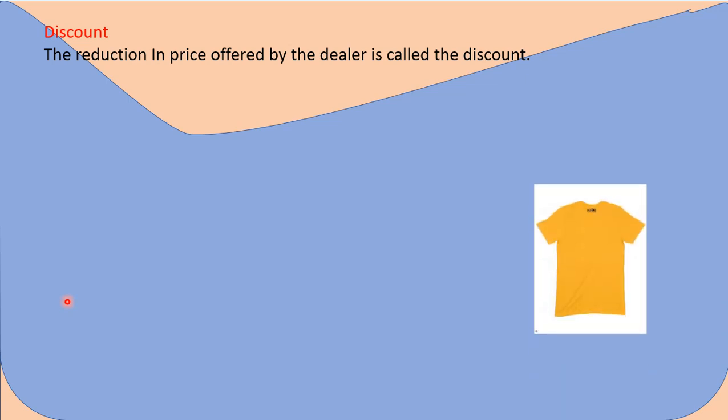So let's understand it by an example. This is a t-shirt and the cost of this t-shirt given in the shop is rupees 300, and the shopkeeper offers a discount on this t-shirt of rupees 150.